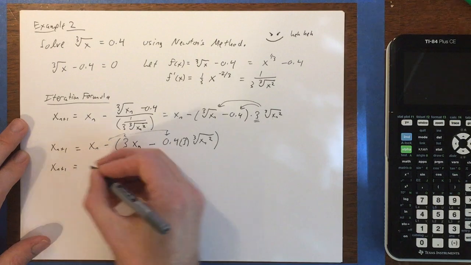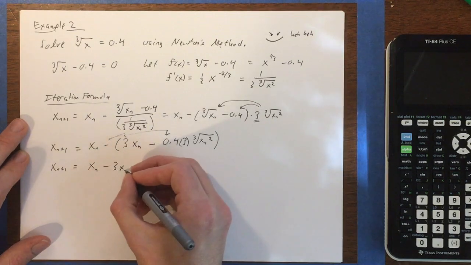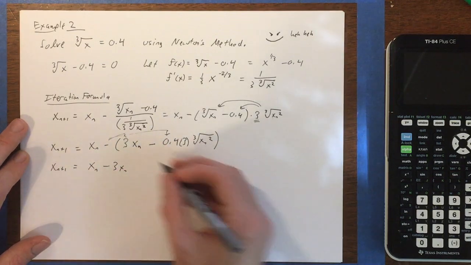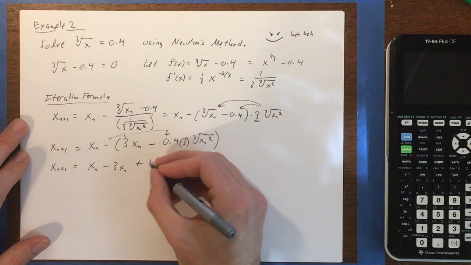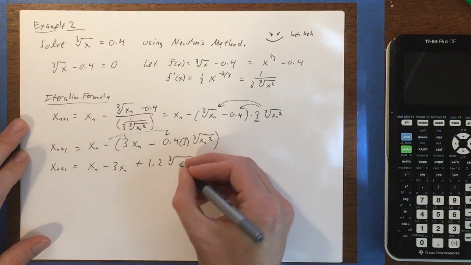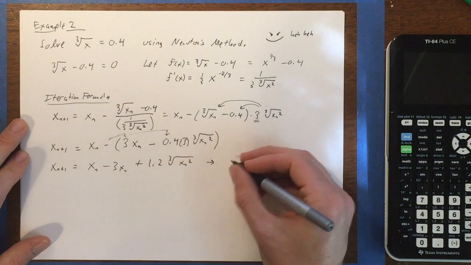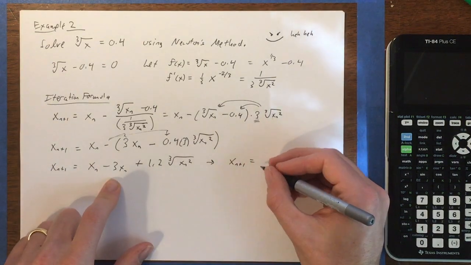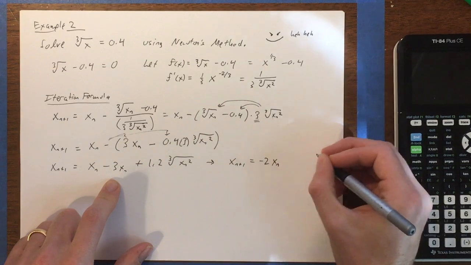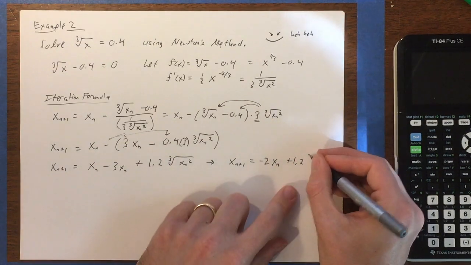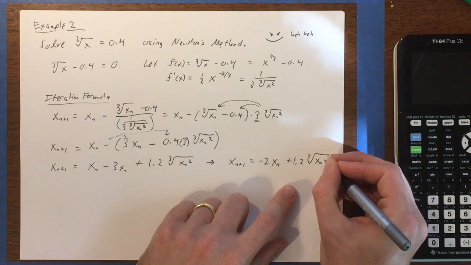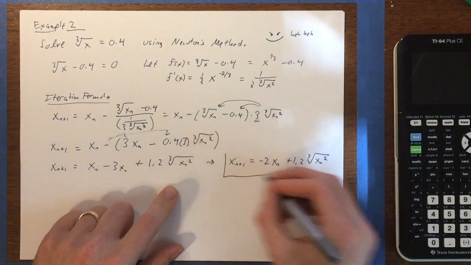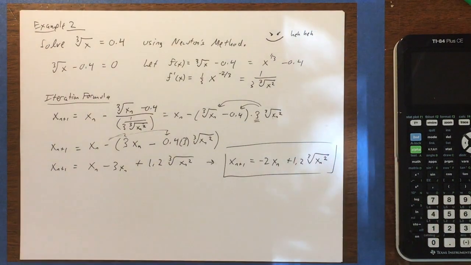So xn plus 1 is going to equal xn minus 3xn. We can combine those in a moment. Then minus a negative, so plus 1.2 cube root of xn squared. Okay, last step. 1 minus 3 is negative 2, so we've got negative 2xn, and then plus the 1.2 cube root of xn squared. All right, so now we have a nice simplified iteration formula to work with.